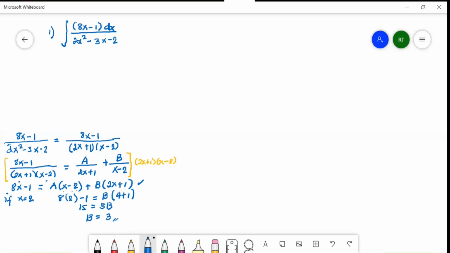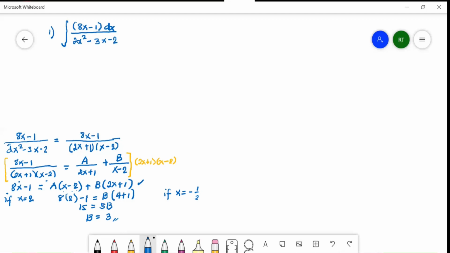Okay, so we were able to get the first constant, which is equal to 3. Now, there is another value of x that makes the denominator 0, and that is x equals negative 1 half. By the way, x equals negative 1 half is determined by equating 2x plus 1 to 0.